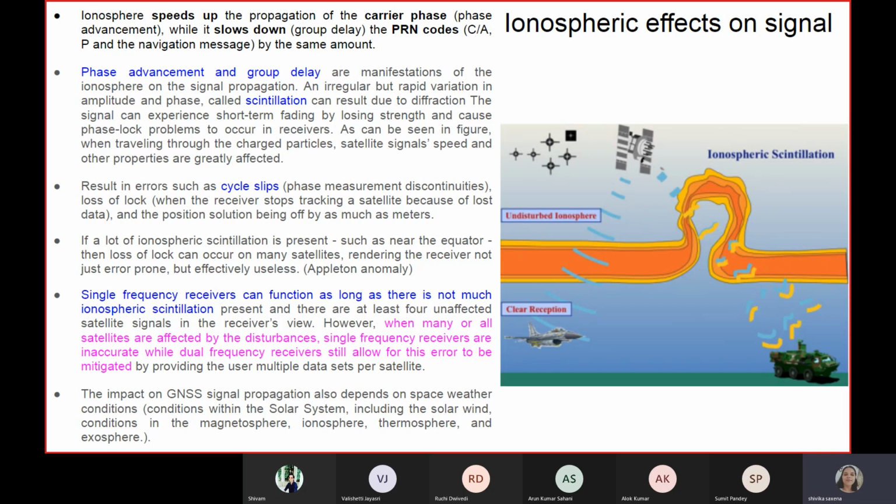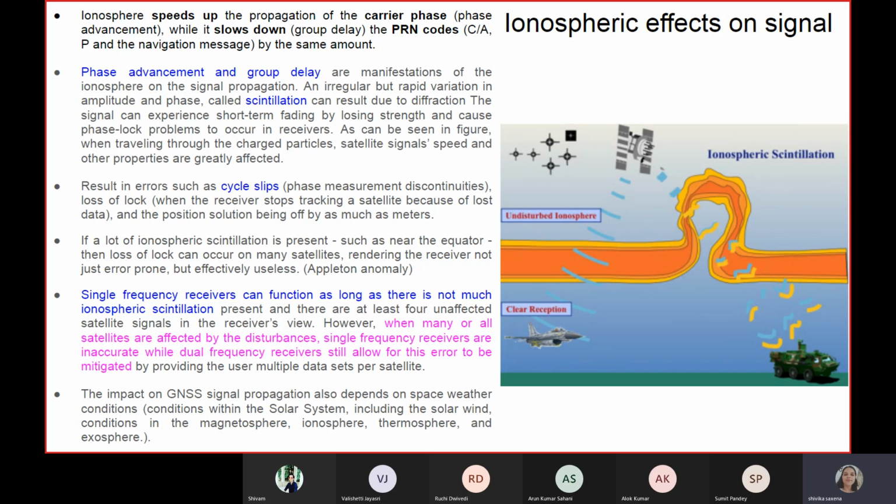For now, you understand that two different observables of GPS measurements are affected in two different ways by the ionosphere, not a constant effect as the troposphere had. So phase advancement and group delay are manifestations of the ionosphere on the signal propagation.